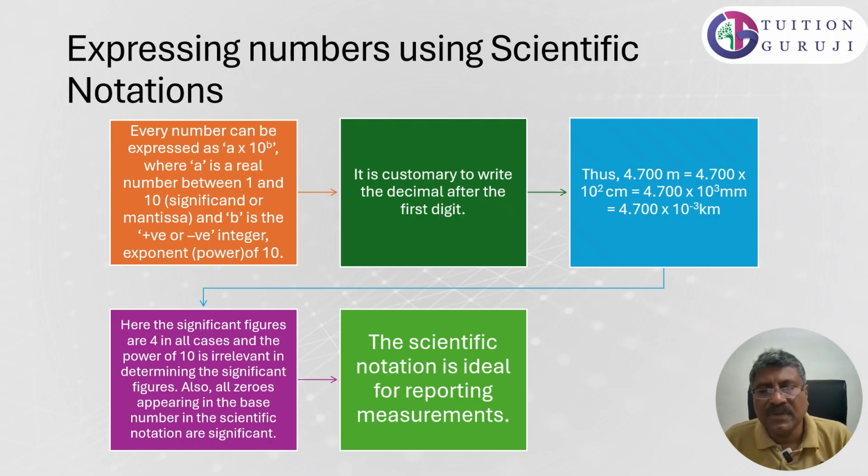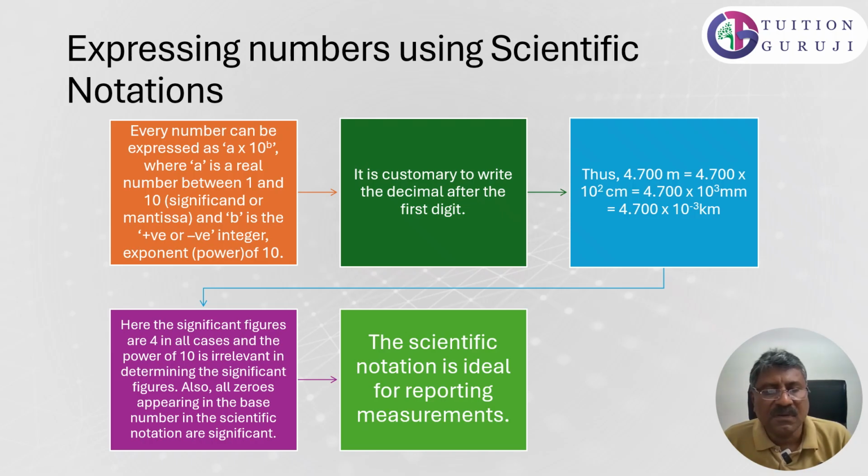Thus 4.700 meter is equal to 4.700 × 10^2 centimeter, or 4.700 × 10^3 millimeter, or 4.700 × 10^-3 kilometer.